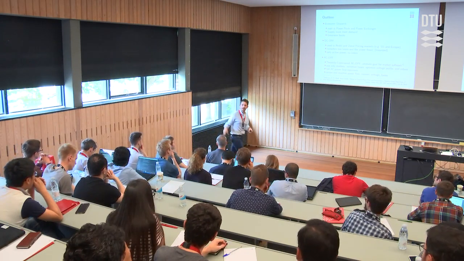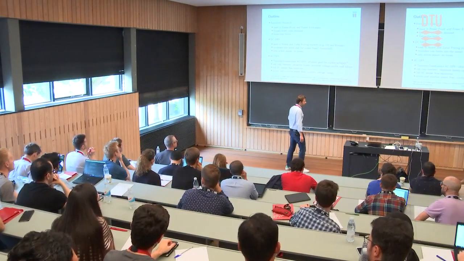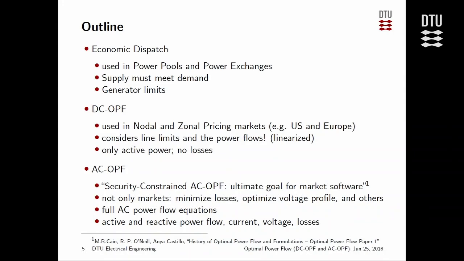Yeah, and then with the AC-OPF, we don't only optimize over active power, we can have minimization of losses, we can, let's say, optimize the voltage profile. What's also important is that the linearized version, the DC-OPF, is good for transmission networks, but the approximations that we make are not as good for the distribution networks.